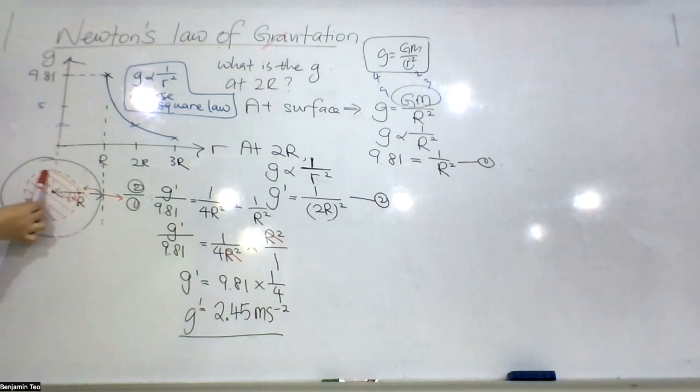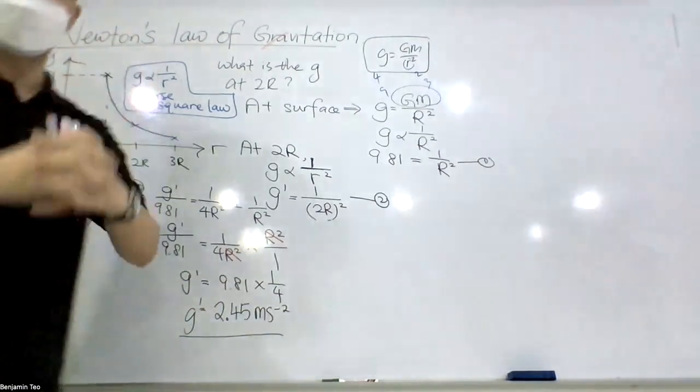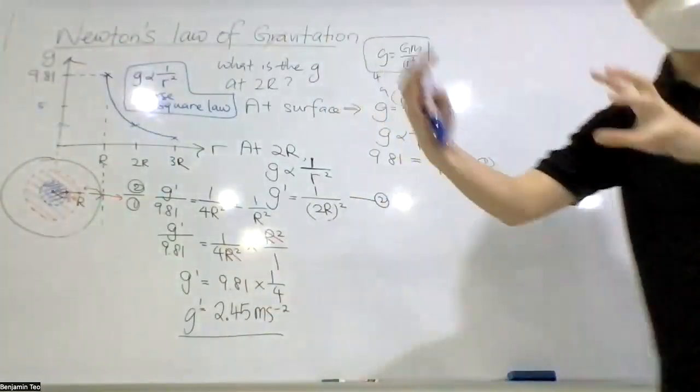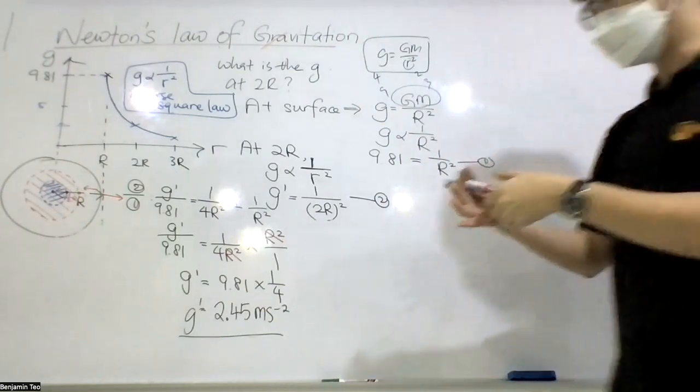If I go smaller inside, this much of the Earth is pulling me. So when I go inside, a smaller portion of the Earth is pulling me.